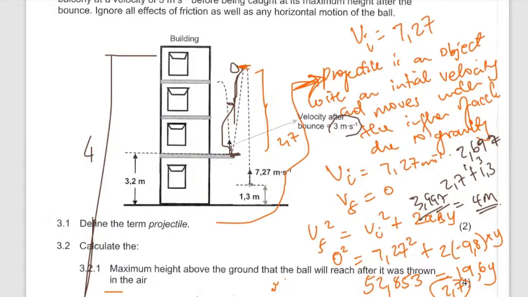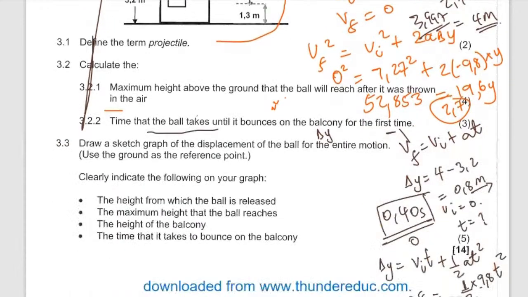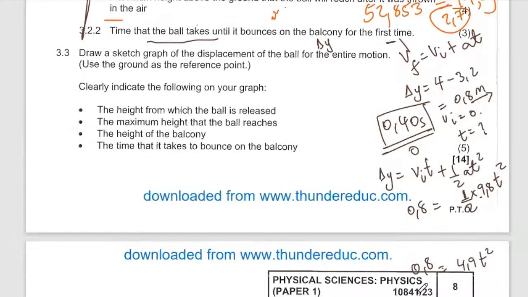It's 2.7. I need the time as well. So 2.7 is equal to the initial, which was 1.3, now subtracting a half times 9.8 t squared.